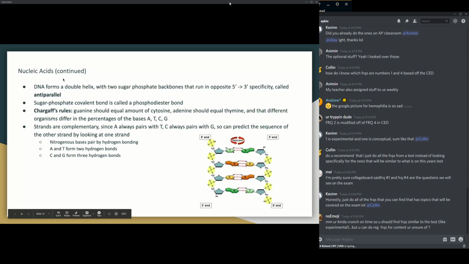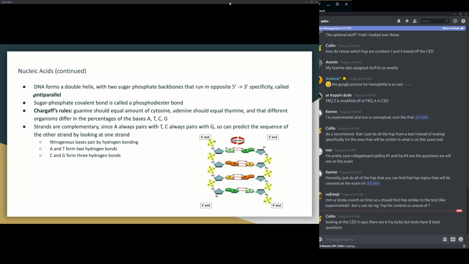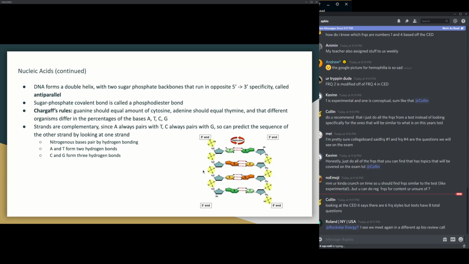And then the crucial thing also about DNA is that it's anti-parallel, which means if one strand is 5' to 3', the other strand goes 3' to 5'. And that's crucial for DNA. And so sugar to phosphate bonds are called phosphodiester bonds.